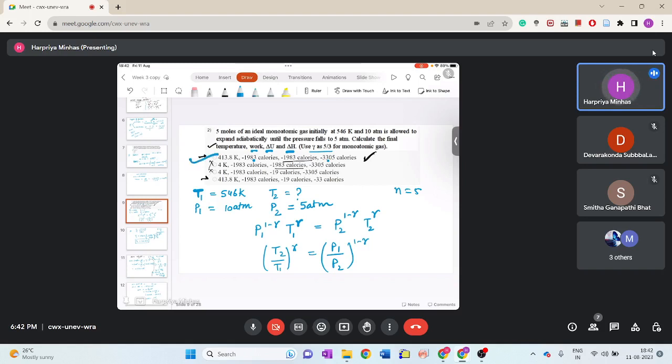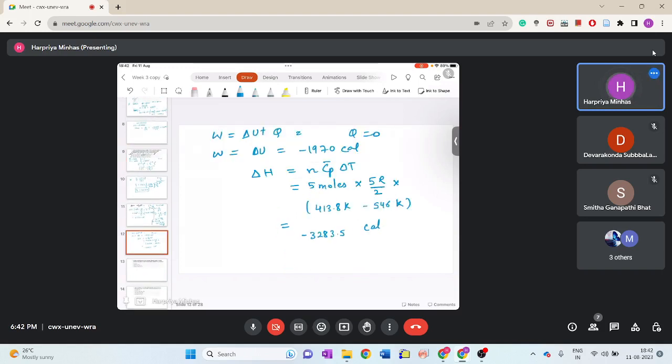So option A is correct. If we have these kinds of multiple options, we can go by the elimination method also to reduce our time. For descriptive type of questions, definitely we have to solve each and every part progressively. So yes, option A is the answer.